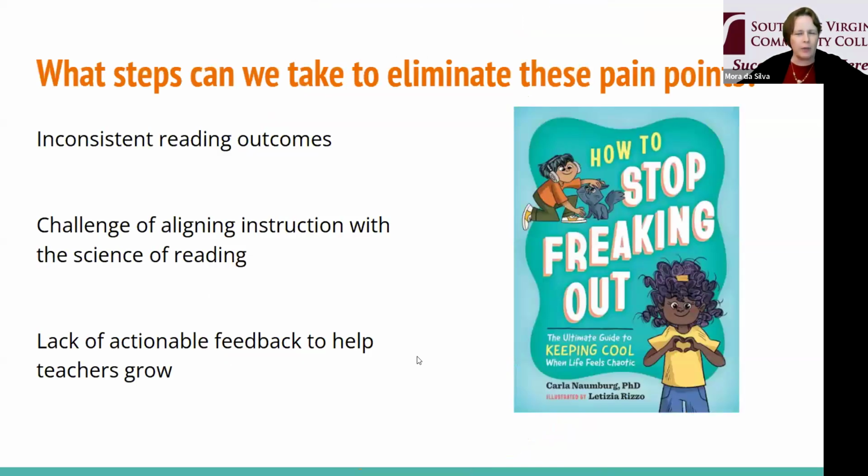Okay, so what steps can we take to eliminate these pain points? So put in chat, what steps can we take about inconsistent reading outcomes? So what can we do about inconsistent reading outcomes?